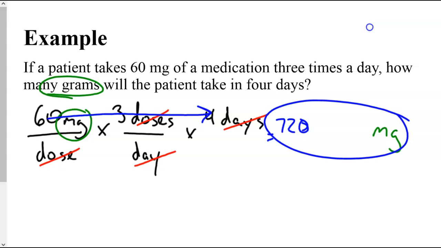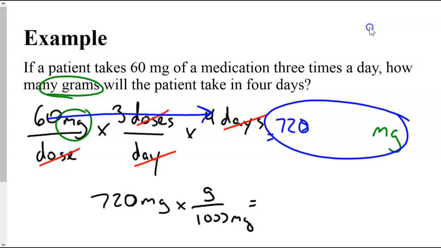So let's go ahead then and set the problem back up again, and we're going to say 720 milligrams, what unity fraction can we use that we end up with grams. So we know that for 1 gram it is 1,000 milligrams.